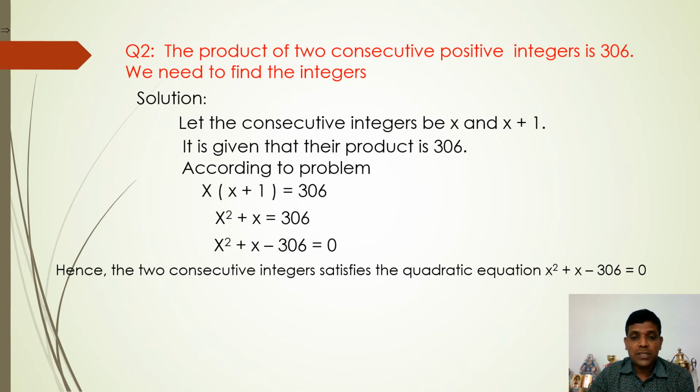Now transpose 306 from RHS to LHS. So x square plus x minus 306 is equal to 0. Hence the two consecutive integers satisfy the quadratic equation x square plus x minus 306 equals 0.